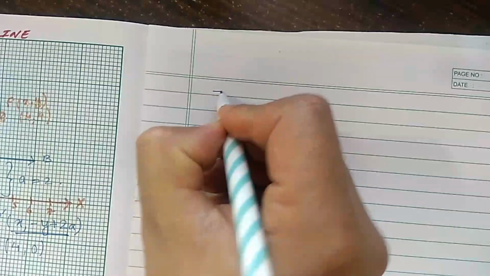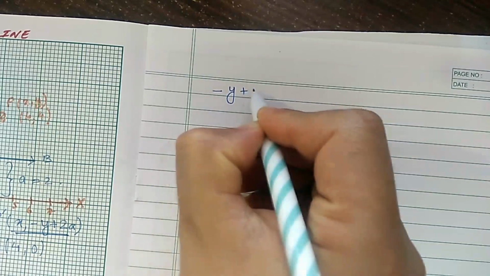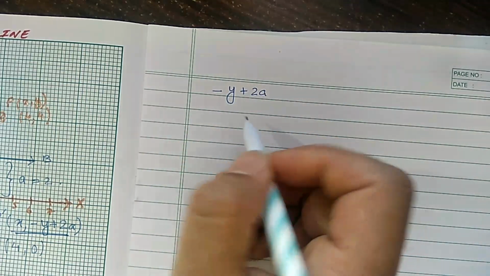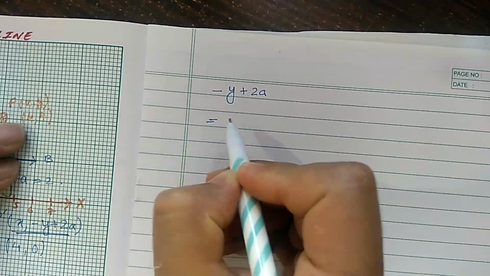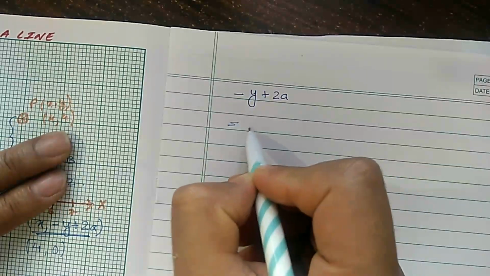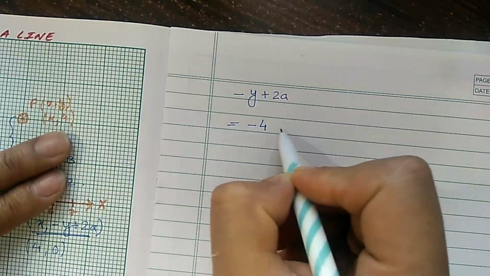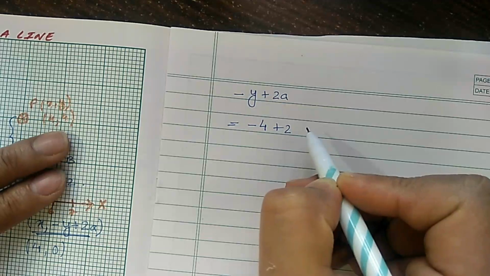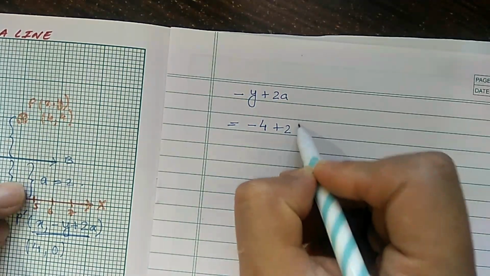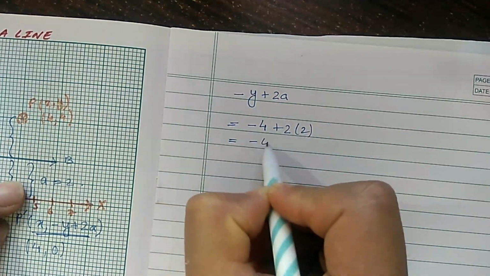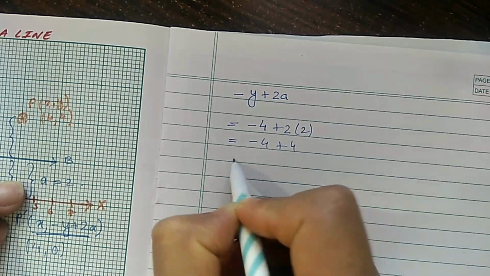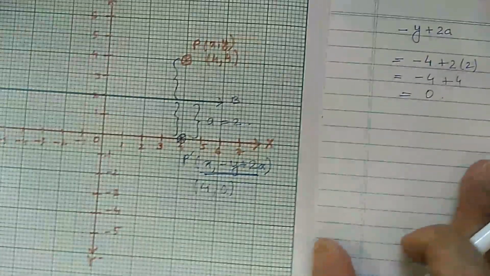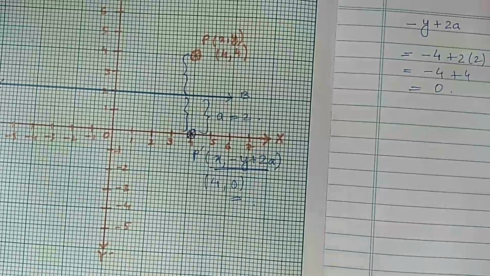So let's see whether minus y plus 2a will result in 0 or not. What is the value of y? The value of y here is 4. So we write minus 4 plus 2 into the value of a, which is also 2. So this becomes minus 4 plus 4 equals 0. That means this value is correct.